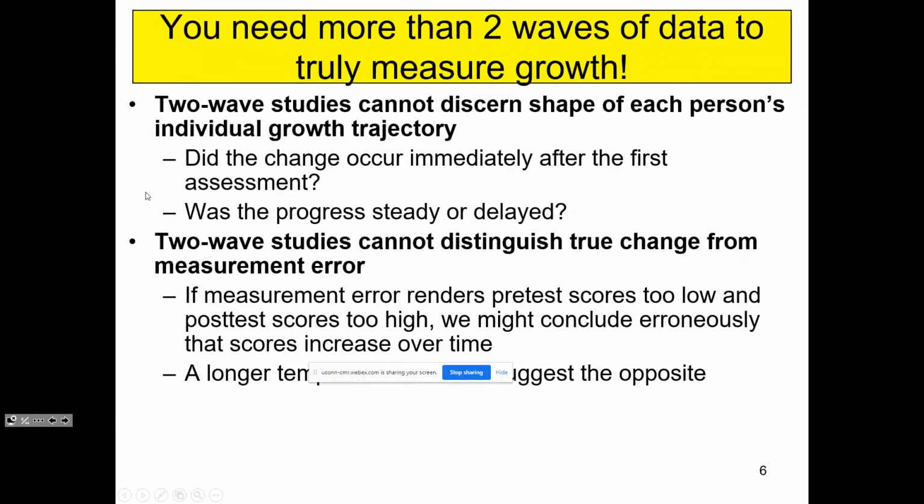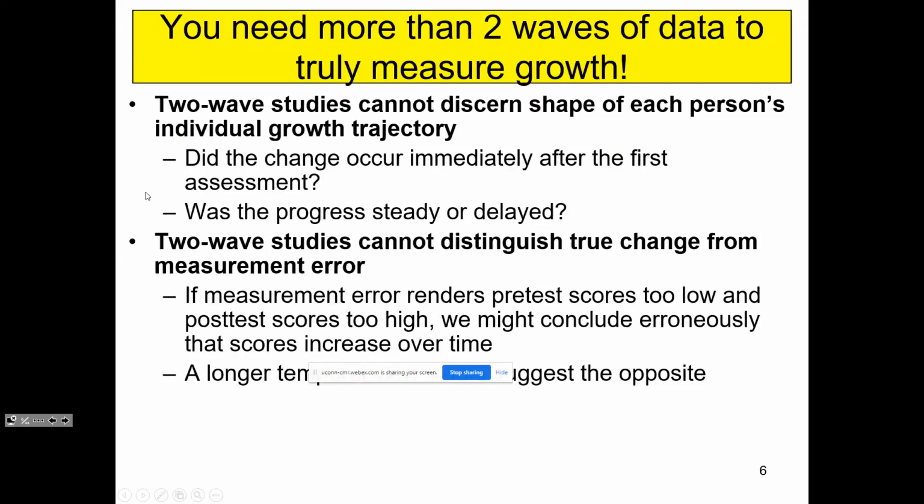You need more than 2 waves of data to really measure growth in any meaningful way. Why can't I just do it with 2 waves of data? I would argue two of the major reasons are, first, we can't really discern the shape of a person's individual growth trajectory with just 2 waves.